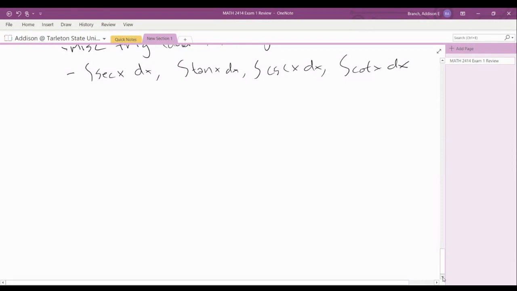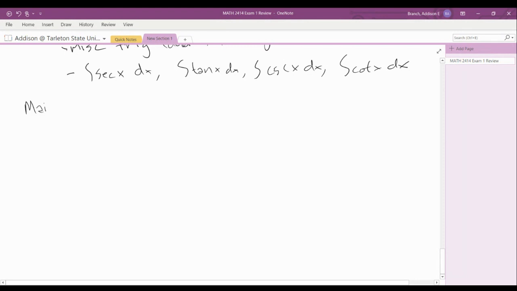So now that we know that's things to keep in the back of your mind for the exam, let's go over how to actually strategize for this. There's a few main strategies based on what we actually have in our integral.